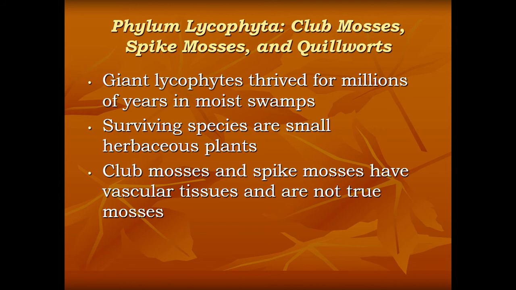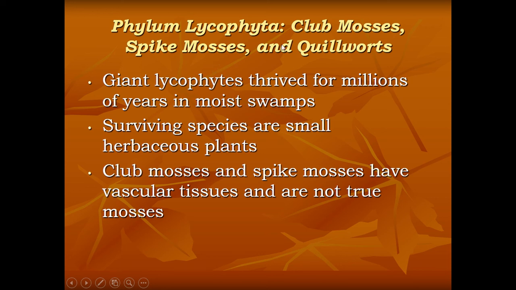Okay, so the second phylum of the group of pteridophytes is phylum Lycophyta, including club mosses, spike mosses, and also quillworts. Giant lycophytes thrived for millions of years in moist swamps. Surviving species are small herbaceous plants.